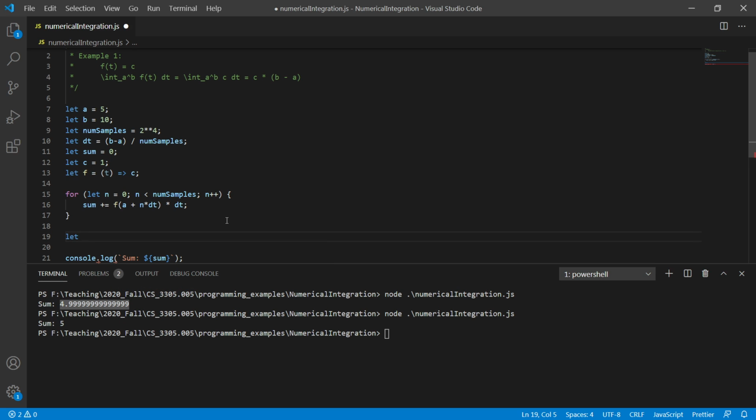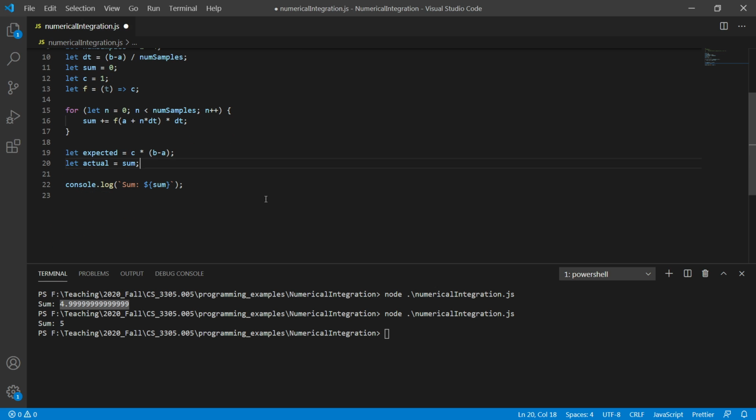So let's make this into a test case, right? So let's say we're developing some numerical integrator, and we would have the value that we expect. So this is what we computed that the integral should be, right? And then we have the actual result, which is the sum that we computed using our summation.